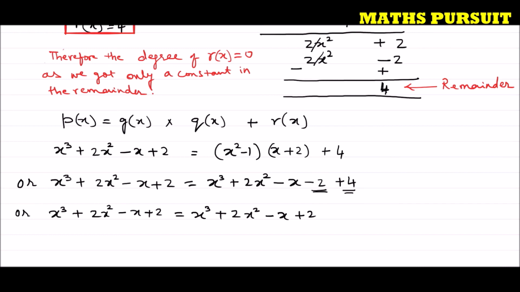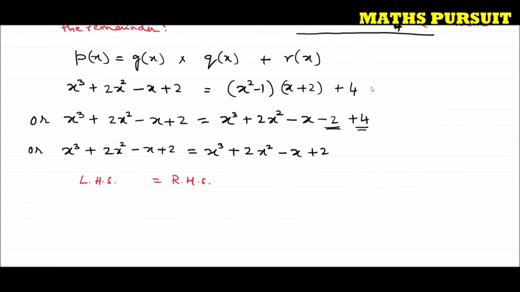So guys, what you could notice from here is that the left hand side of this equation is equal to the right hand side of this equation. So that means it satisfies our first condition.